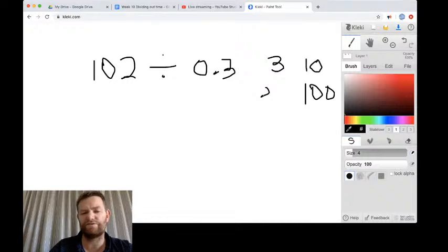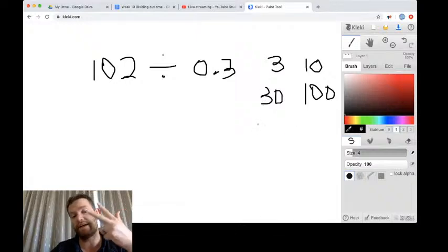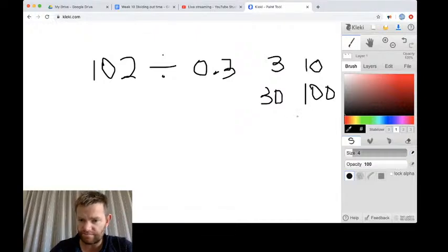And it really is just thinking like this. It's just a different way of thinking that I'm trying to introduce you to. So 30, I can go up in 30s quite easily. 30, 60, 90, which takes me up to 300.